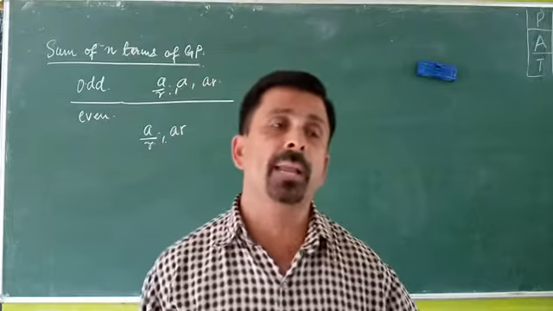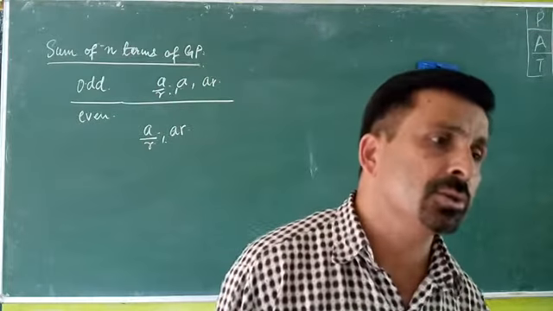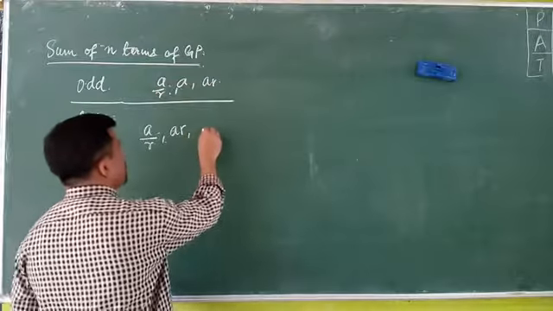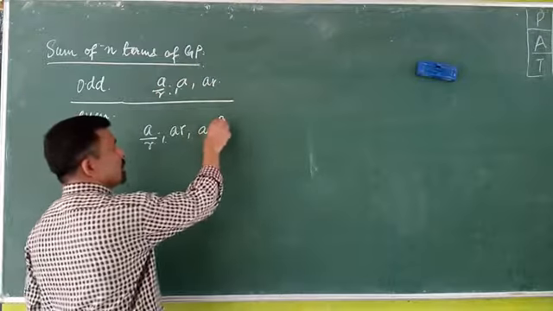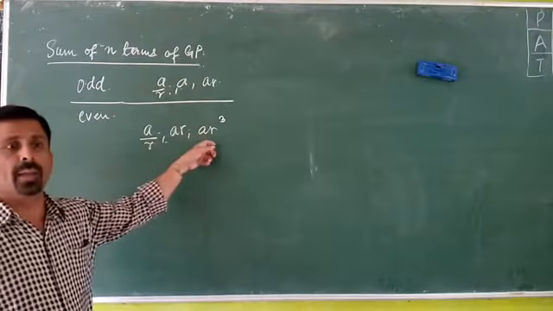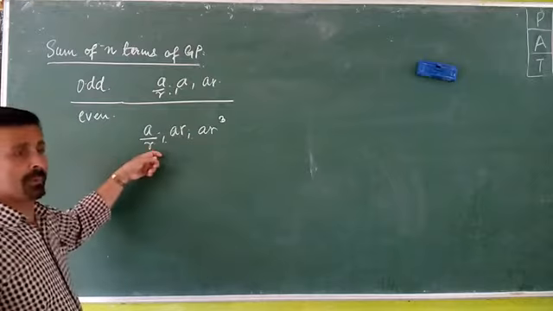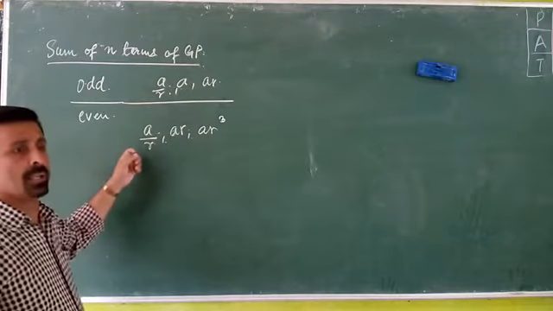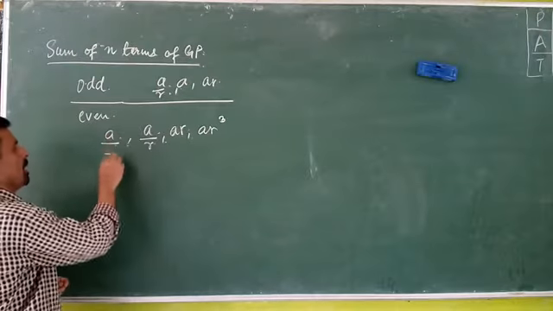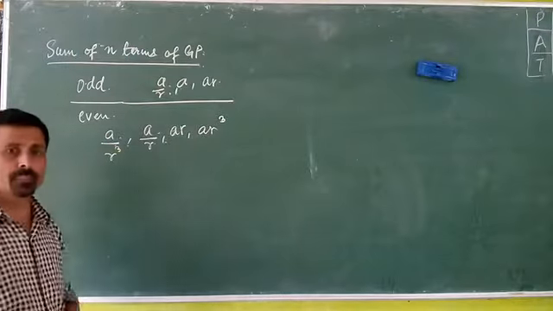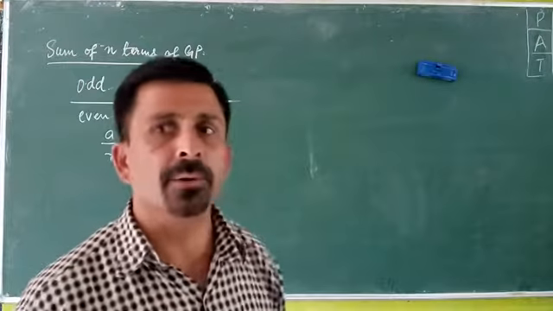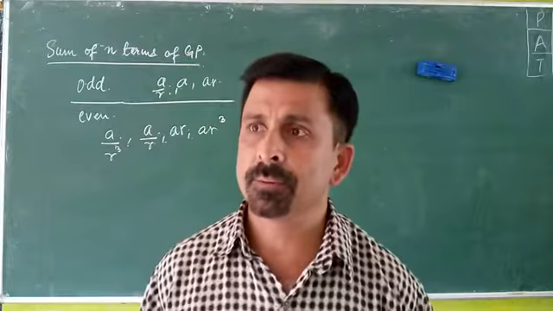When you multiply AR by R square, it turns into AR cube. And for the previous term, you divide A over R by R square, and it turns into A over R cube. Is it okay? Any question? No, sir.